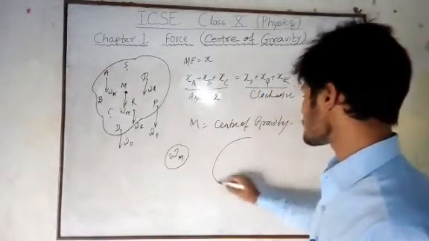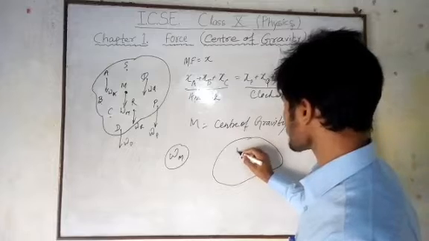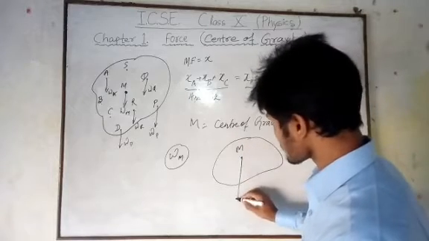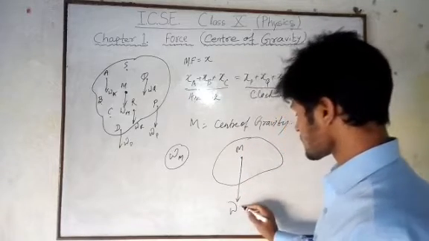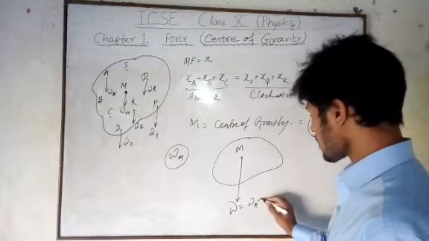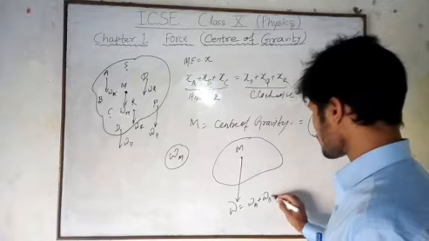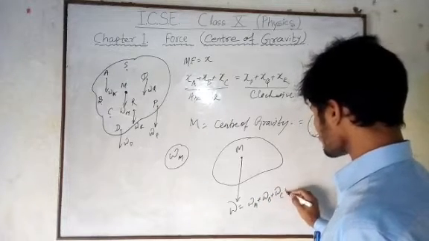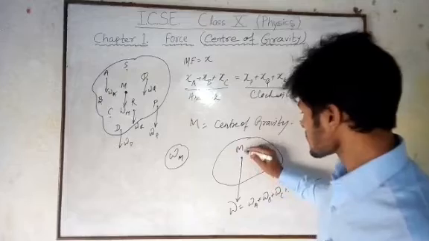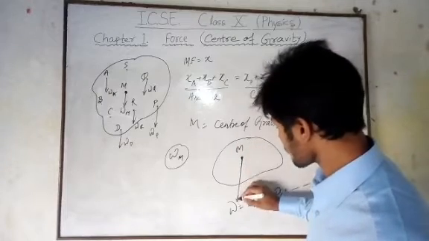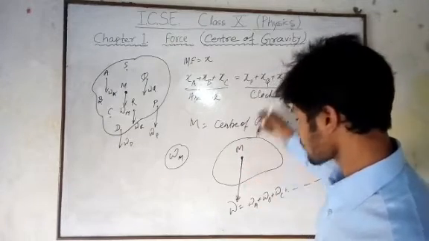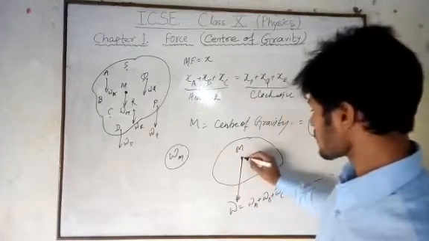This W is the sum of the weights of all the particles. So this point M applies the weight vertically downward.